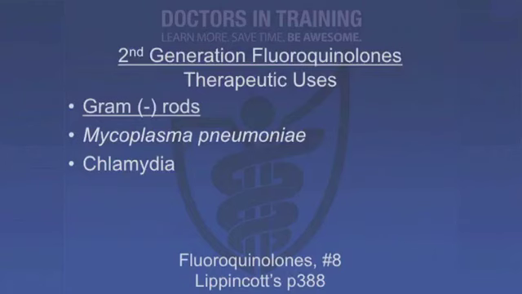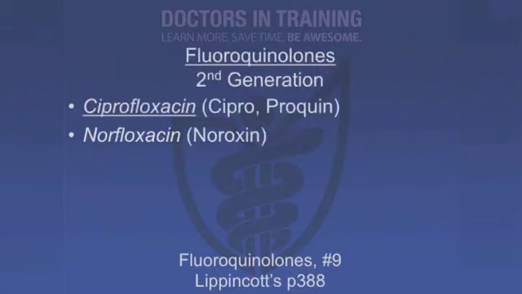Second generation, still it's working on gram-negative rods. It's also good for Mycoplasma pneumoniae and chlamydia. And examples of this are ciprofloxacin, also called Cipro, and norfloxacin. And we'll talk more specifically on these medications a little bit later in the lecture. So third generation fluoroquinolones. Now this is where we see a shift in the spectrum of these medications, going from second generation to third generation.